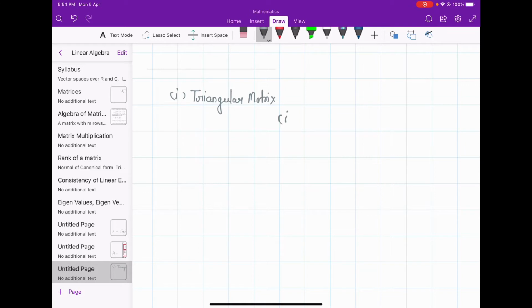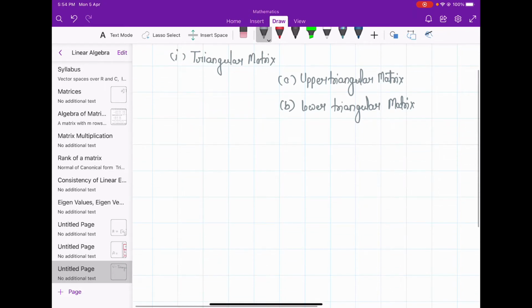The first one is upper triangular matrix, and the next one is lower triangular matrix. So these are the two subtypes of triangular matrix.